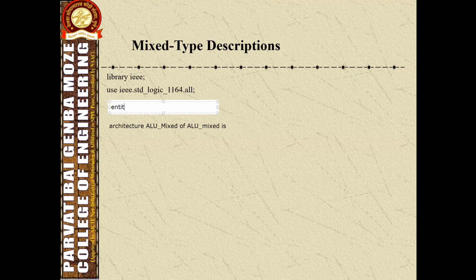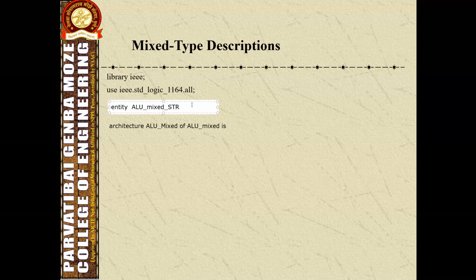Entity ALU_mixed. We should take a different name now, so mixed structure. This is the name of the entity.